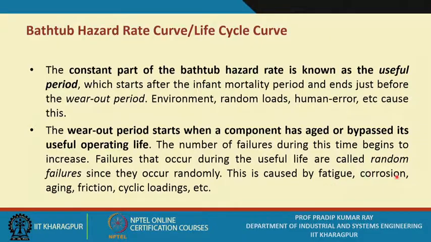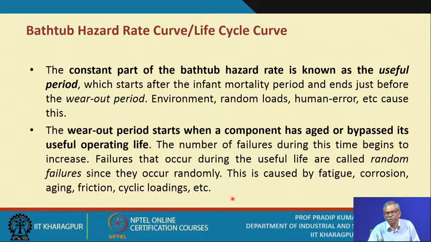We refer to many case studies on quality and reliability, and when you start analyzing this data, as an expert, as a learner, you must be able to identify the random causes also. Okay. So this is caused by fatigue, corrosion, aging, friction, cyclic loadings, etc. Whether it's mechanical systems or electrical systems, these are the general reasons.